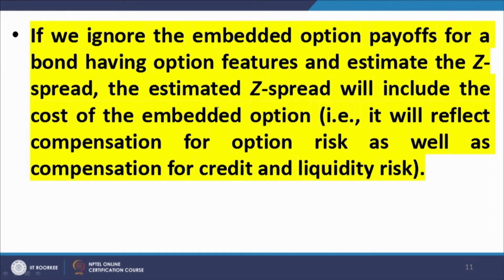What this statement means is that on the right hand side, when you discount the cash flows, the cash flows that you are going to consider are the cash flows of the straight bond without the optionality. There will be no consideration of the option being in the money or out of the money. We will not consider the payoffs from the option at all.